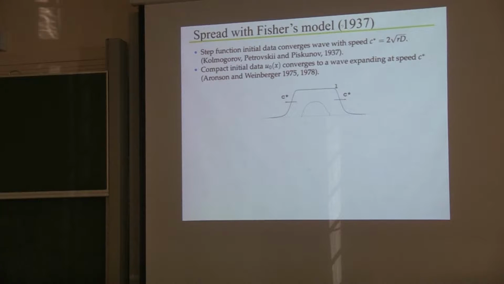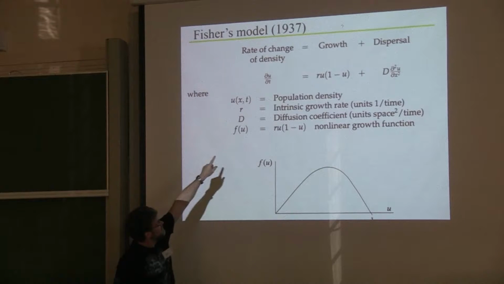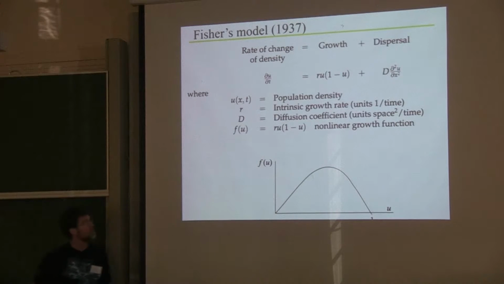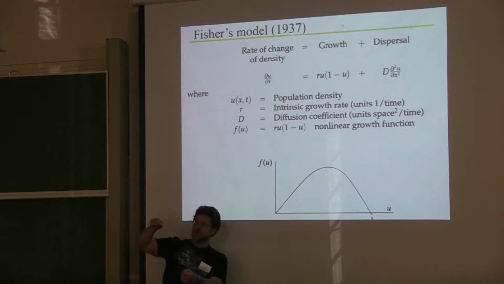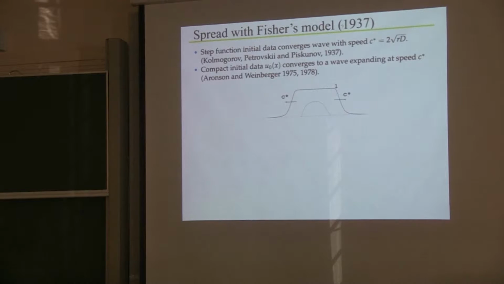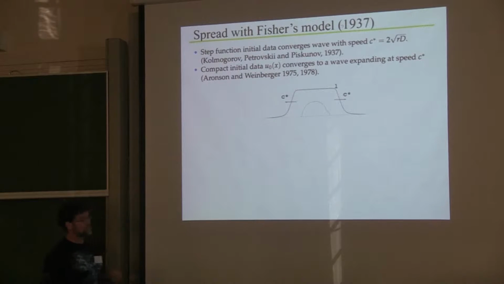If we look back to the previous slide, r has got units 1 over time, d has got units space squared over time. So r times d has got units space squared over time squared. If we take the square root, that's got units space over time. So it's suitable for a velocity or a speed.